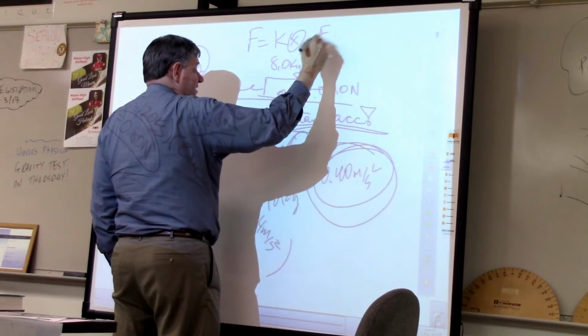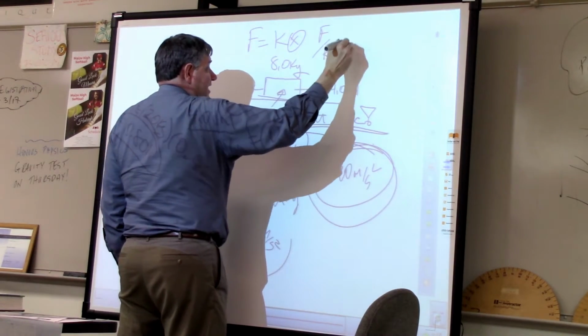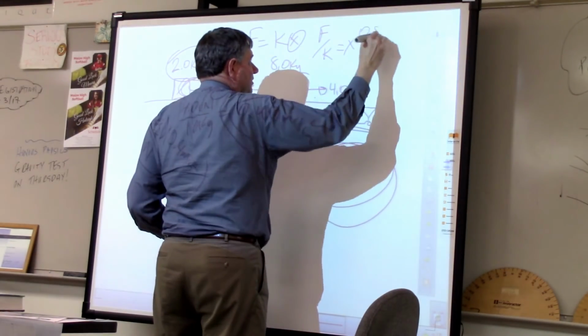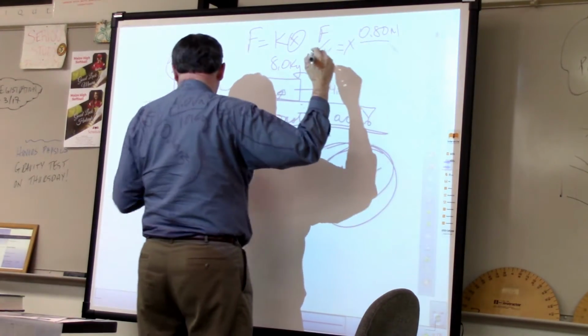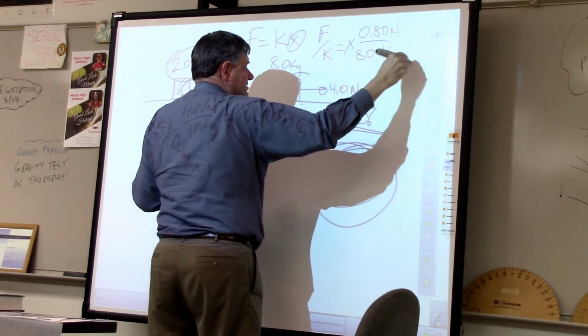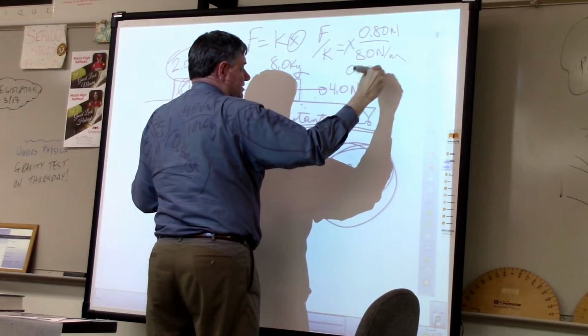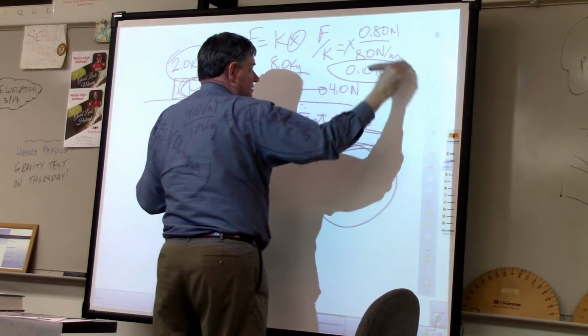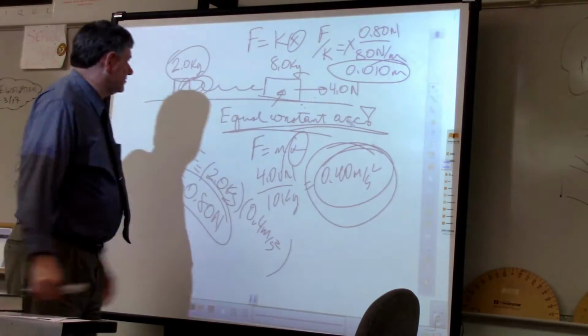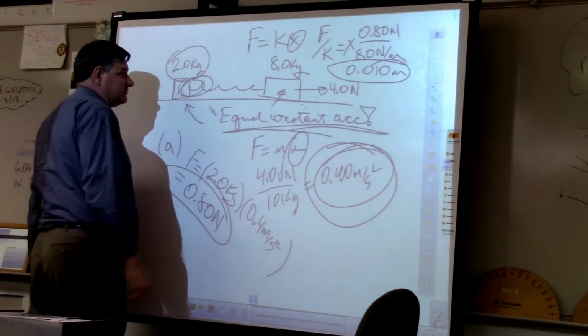So you got F divided by K equals X. So 0.80 newtons divided by K of, what was K, 80 newtons per meter, and you get 0.010 meters, which is all of 1 centimeter. So it's not going to stretch it very much at all.